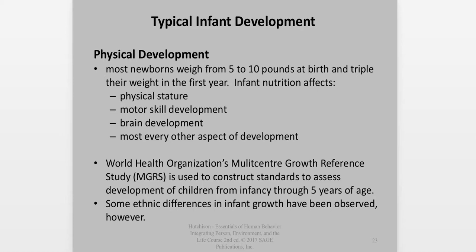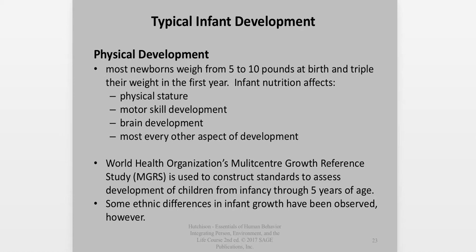The World Health Organization's Multi-Center Growth Reference Study, the MGRS, is used to construct standards to assess the development and growth of children from infancy through 5 years of age. I think this scale is very similar to the scale that pediatricians use in assessing a child's development and growth, whether they're up to where they should be or not.